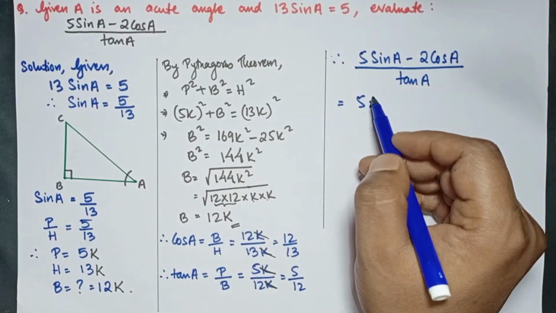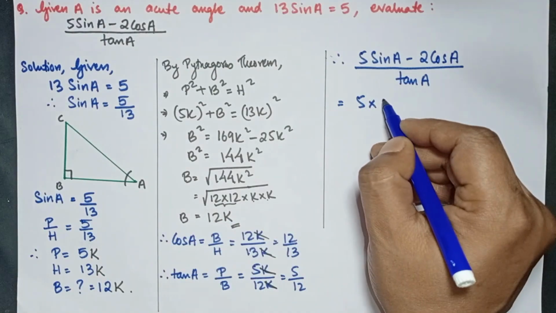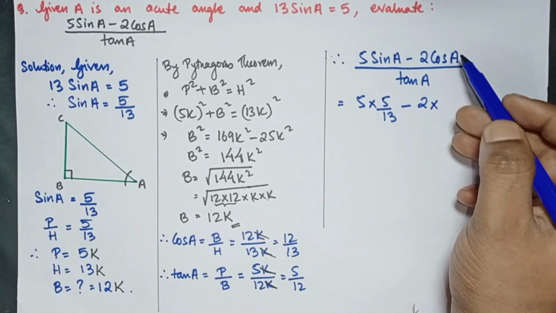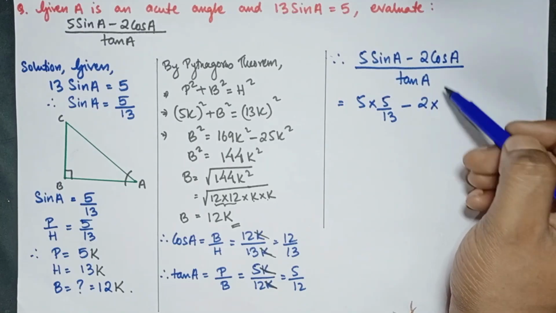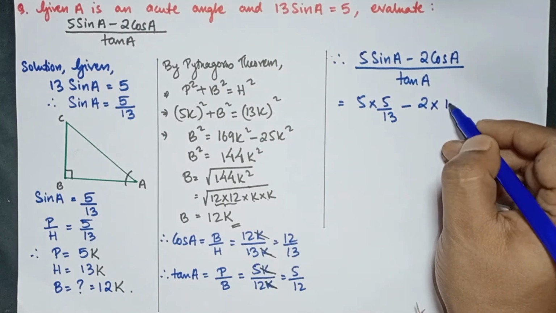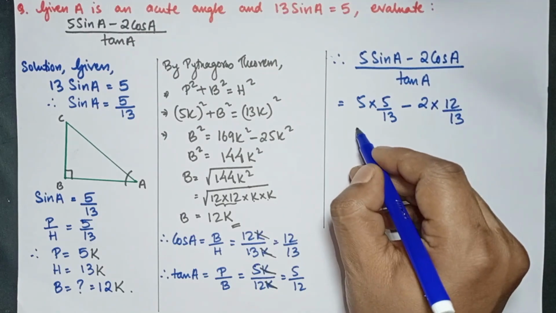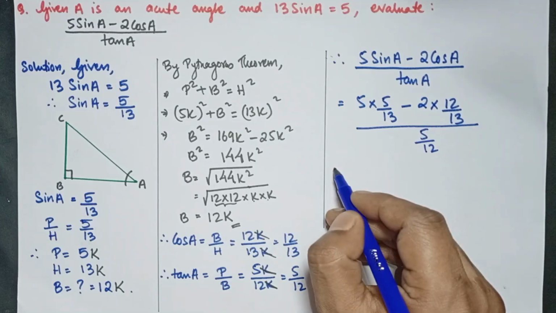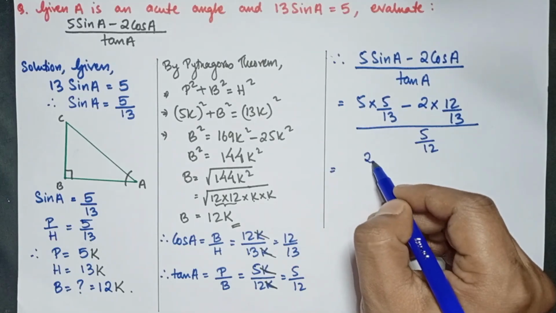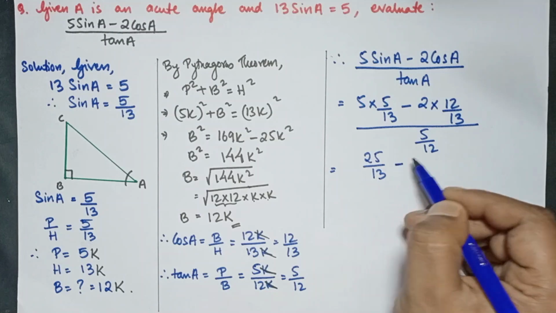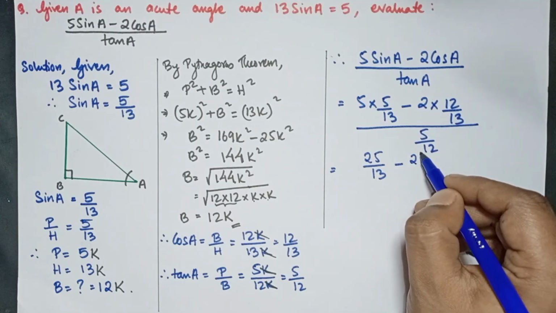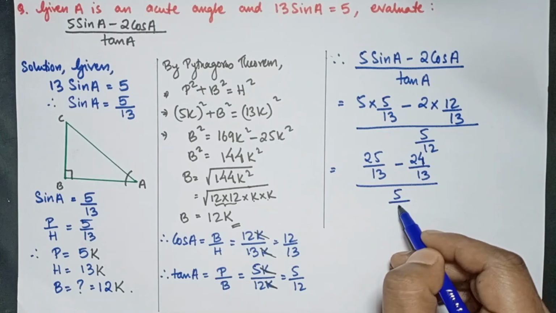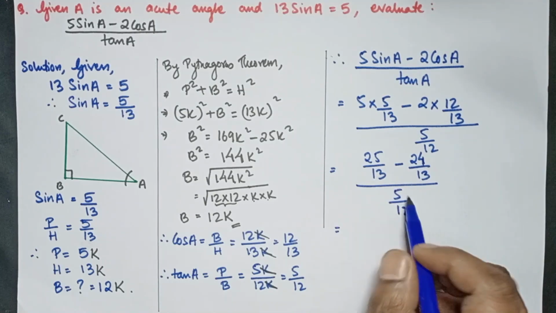The value of sin a is 5 by 13, so I write 5 by 13 directly, minus 2 times cos a, which is 12 by 13, divided by tan a, which is 5 by 12. Now 5 fives are 25 by 13 minus 2 twelves are 24 by 13, divided by 5 by 12.